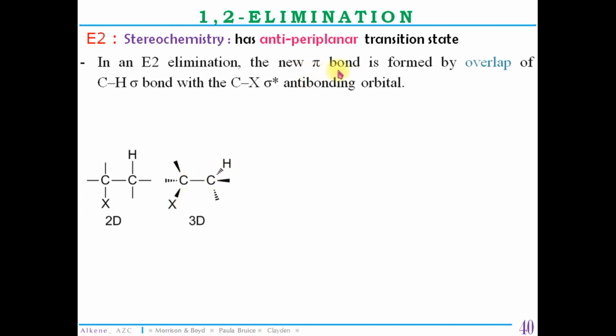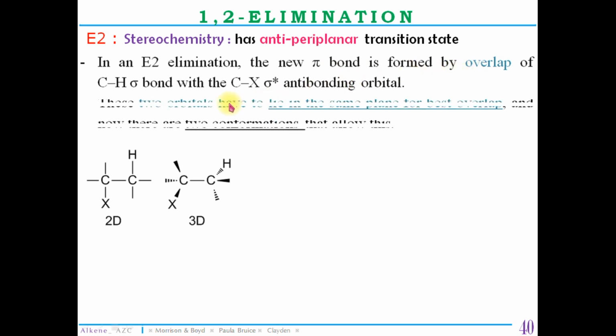To make a pi bond, the best overlapping is achieved when the bonding and antibonding orbitals lie in the same plane, and for this there are only two conformations which allow this.